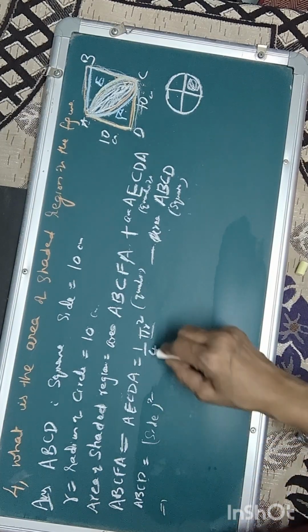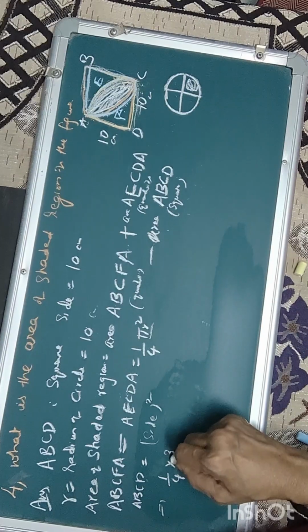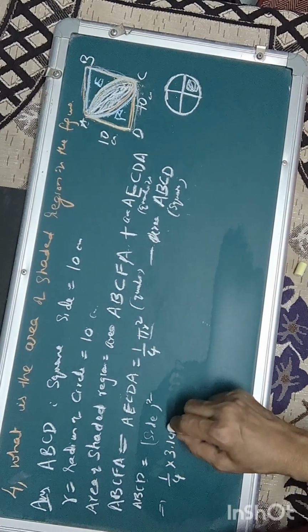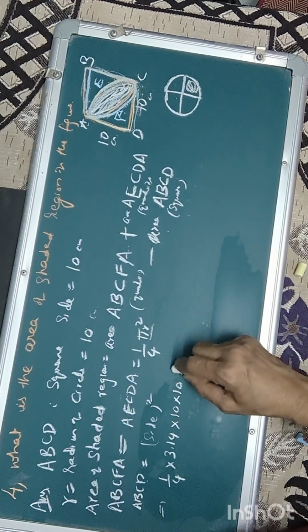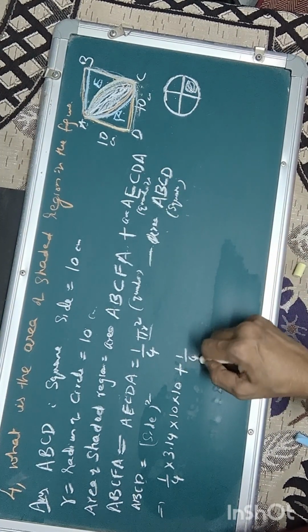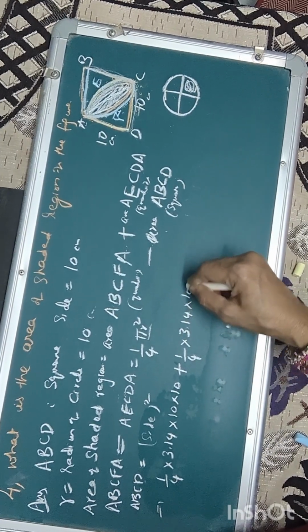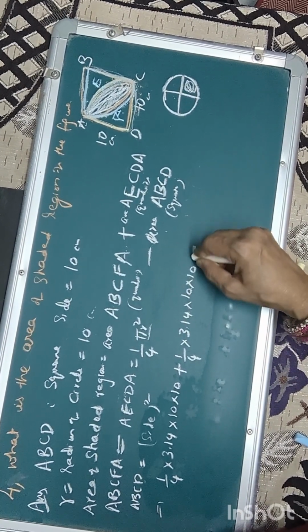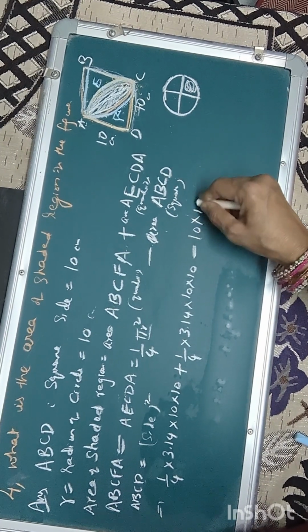So area is equal to what? We'll get 1/4, pi is equal to 3.14, into r is equal to 10, plus same thing, area of AECD is equal to 1/4 into 3.14 into 10 into 10, minus area of square ABCD is equal to 10 into 10.